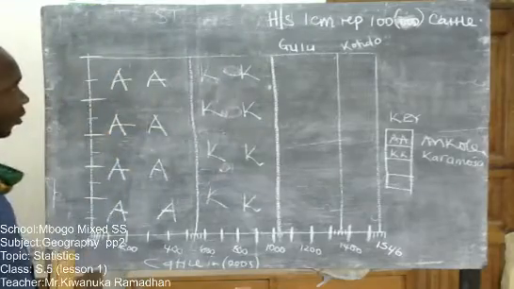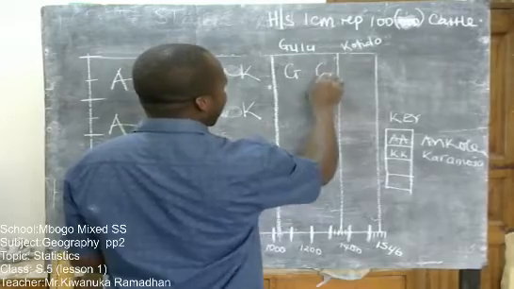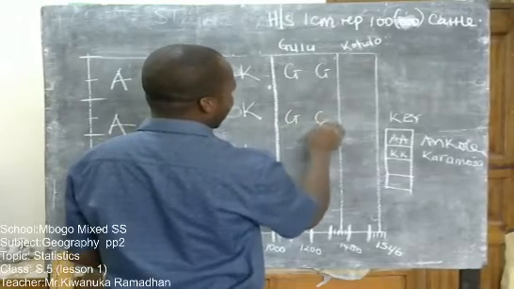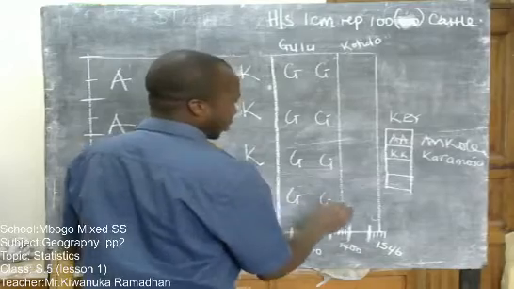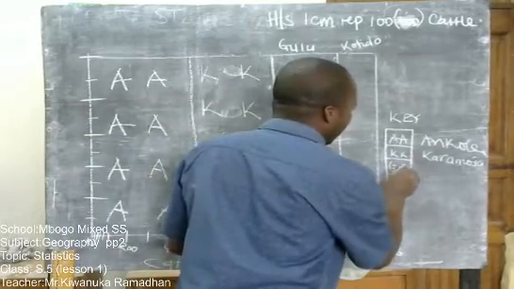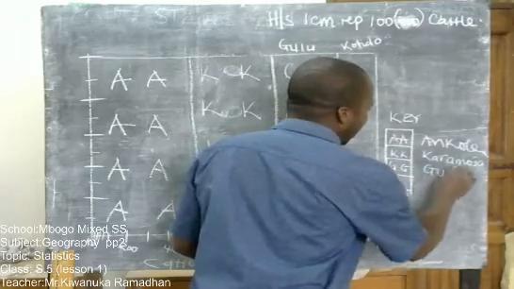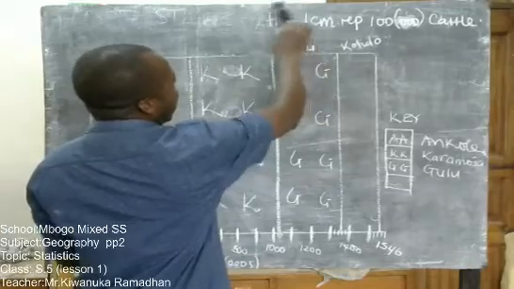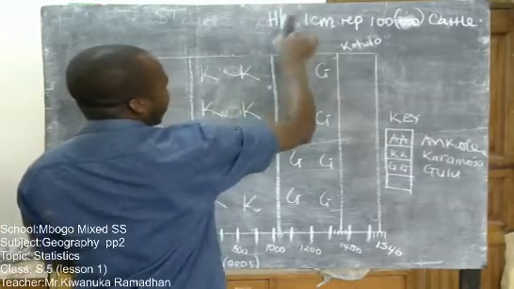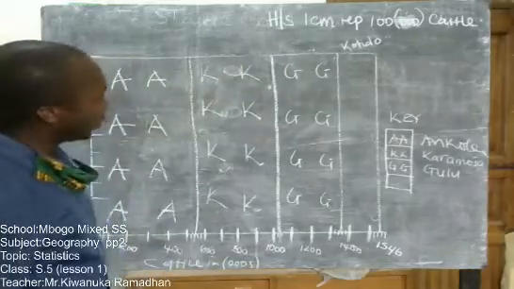And if you shade like this, no need of labeling up. Then Gulu, let me use G. Then on your key, you put G, that where you see G, that is Gulu, and if you have shaded, then no need of labeling on top.